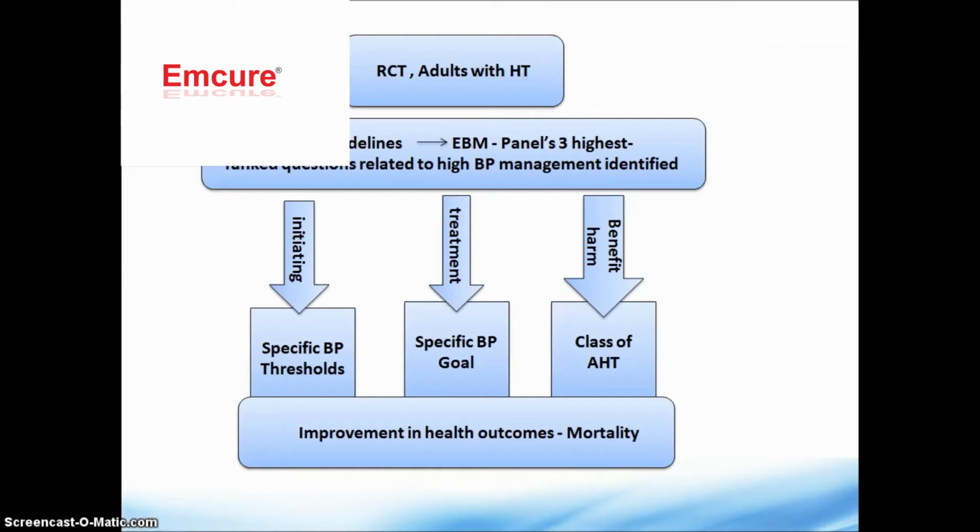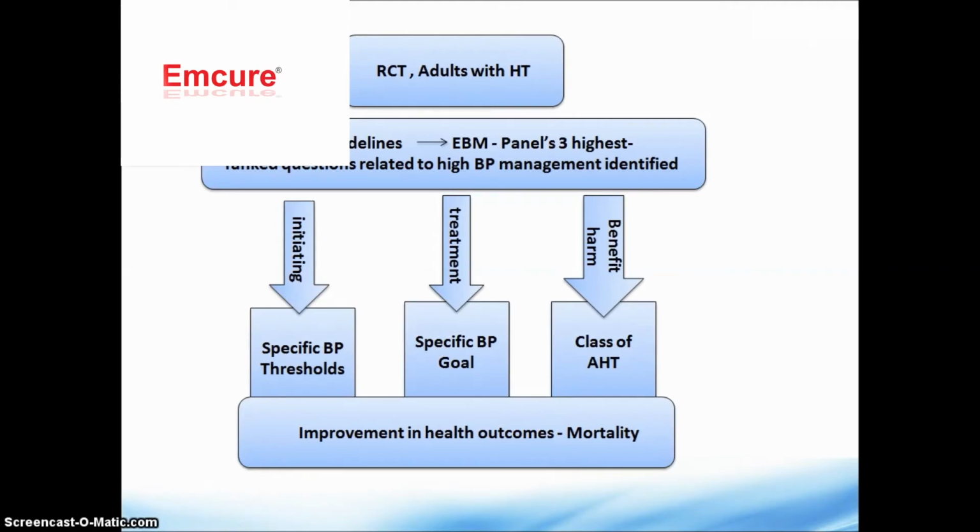First of all, I must highlight that it was based on evidence-based medicine, and the 3 highest ranked questions related to blood pressure management were identified. The background of this guideline was the RCTs, that is randomized controlled trials, in adult hypertensive patients.